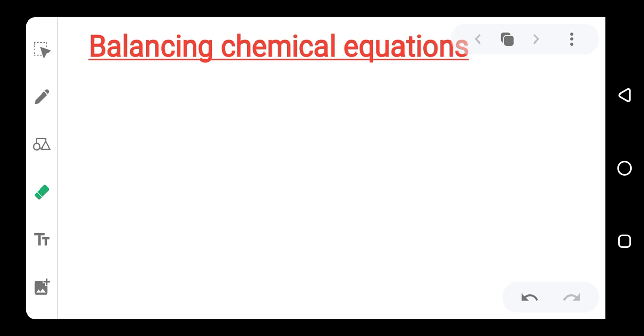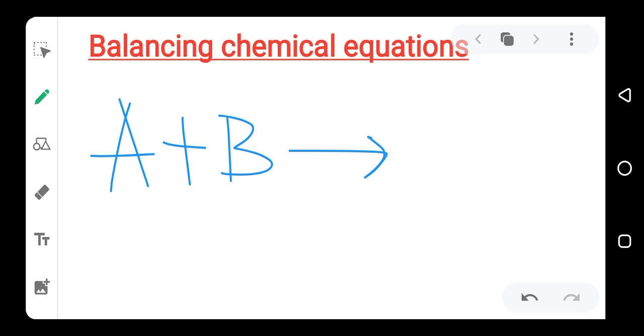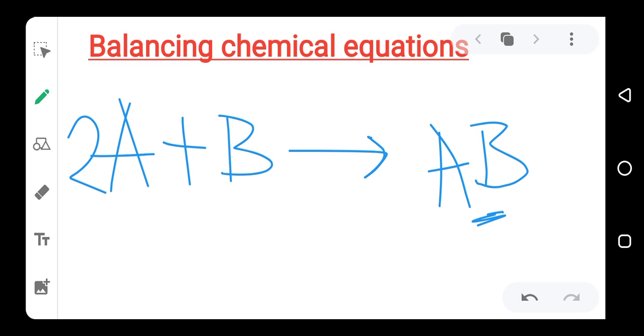So if you have different elements, let's say that we have A and B reacting to give AB. Our goal in balancing a chemical equation is that if we have, let's say, 2 atoms of A on this side, we are also going to put 2 atoms of A on the other side.